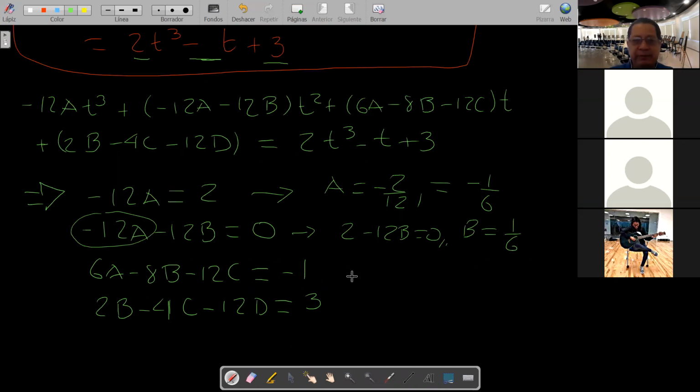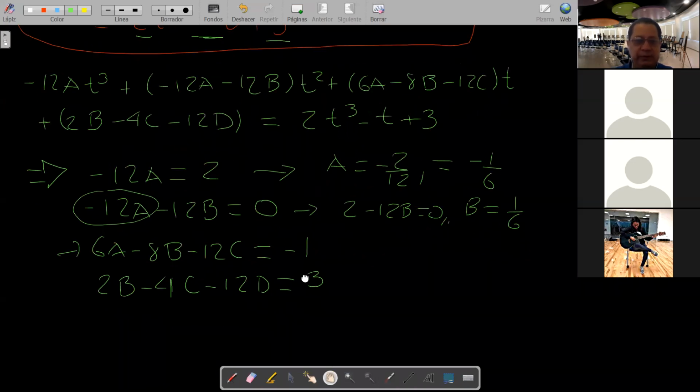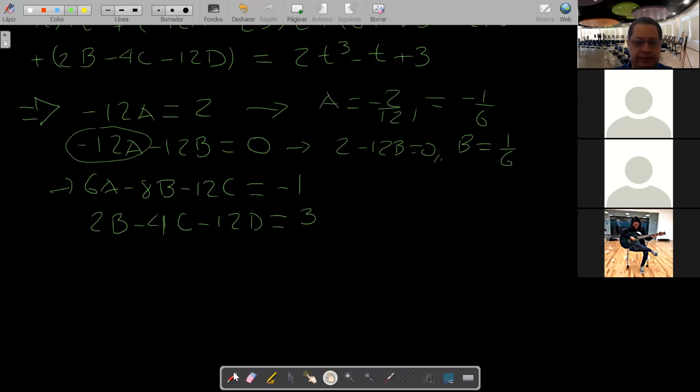Now we can replace the values for a and b in the third equation. Now we have 6 times a, which is -1, minus 8 times b, which is 8/6, or simply 4/3, right? Minus 12c, and that should be equal to -1.